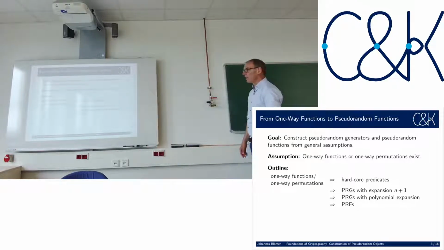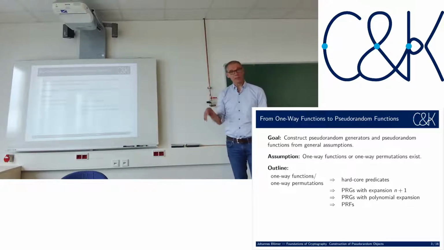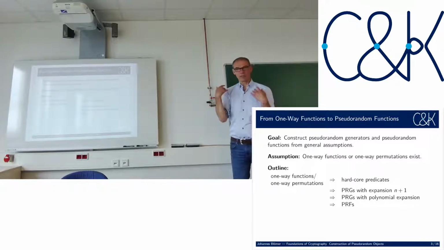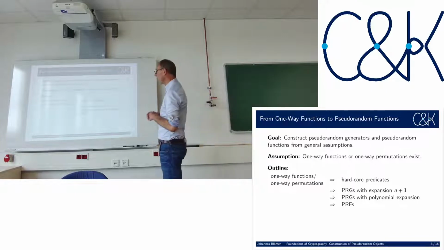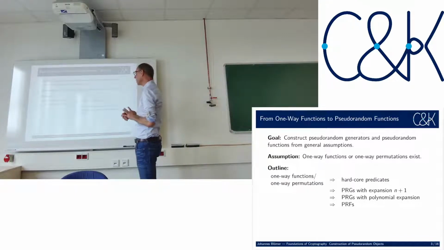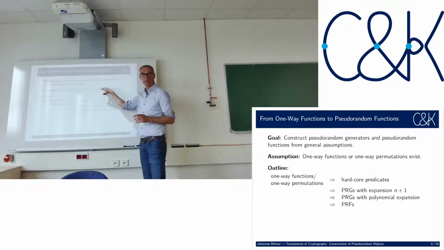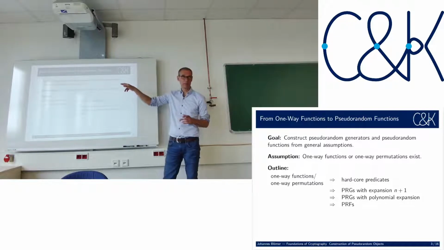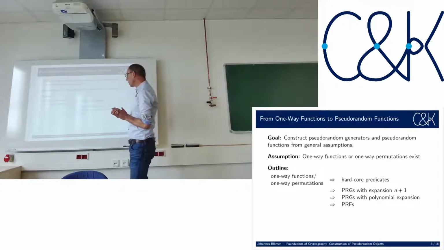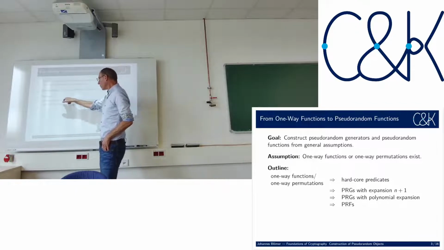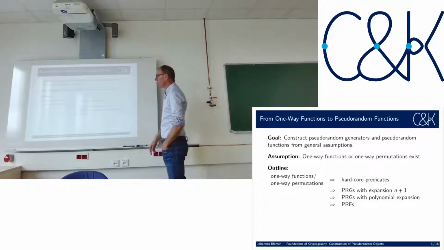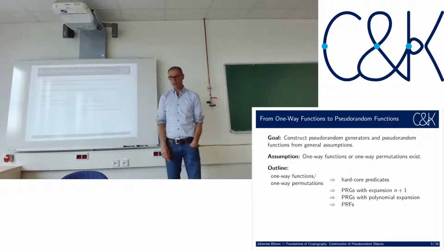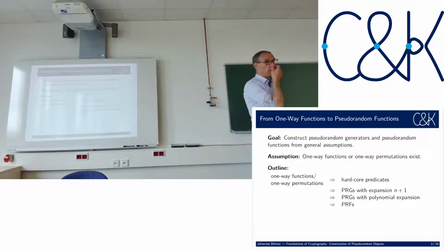I won't go into the details; if you are interested, go into the lecture notes, where I provided the proofs in detail, but using one-way permutations because that makes the first step much easier. The steps that we take: we assume that one-way functions or one-way permutations exist, then we can construct one-way functions with so-called hardcore predicates.